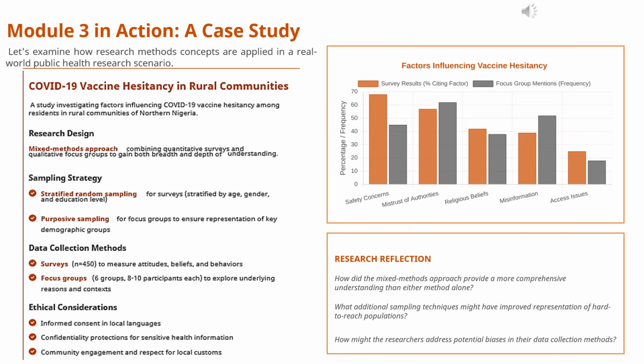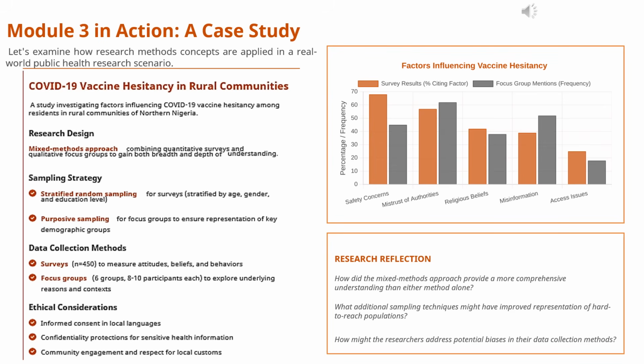Then the sampling strategy includes stratified random sampling for surveys. You use stratification by age, gender, and educational level. Then purposive sampling might be used for focus groups to ensure representation of key demographic groups.